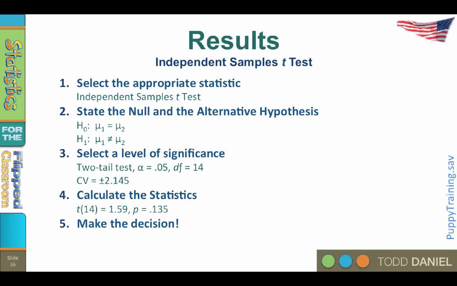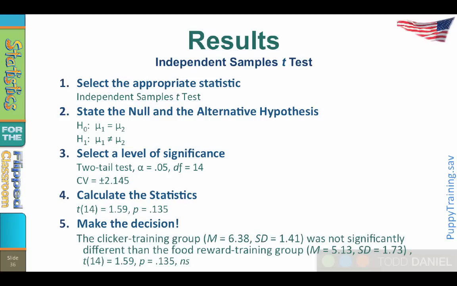That means that the test is not significant and the two groups do not differ. Step 5, make the decision. The clicker training group was not significantly different than the food reward training group. Our t with 14 degrees of freedom equals 1.59, p equals 0.135. This is a non-significant test. We have failed to reject the null hypothesis.